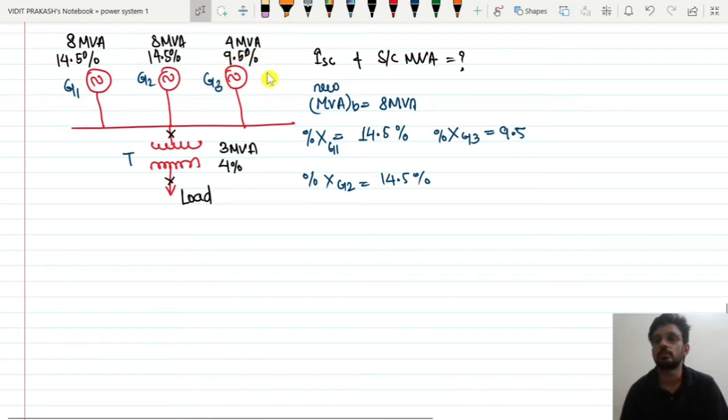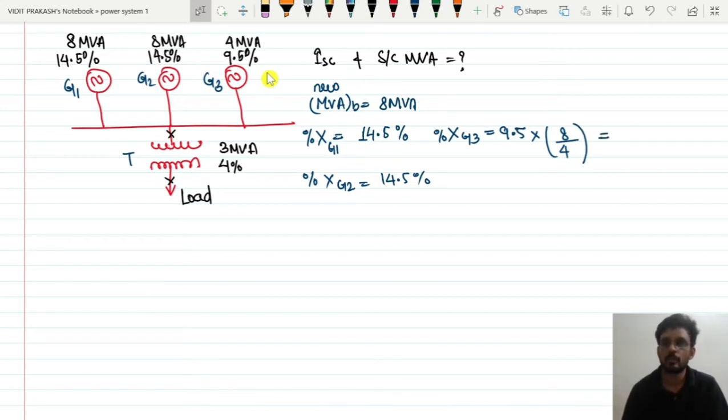So this is the new MVA value, 8, and the old MVA value is 4. So this will give you 19%.